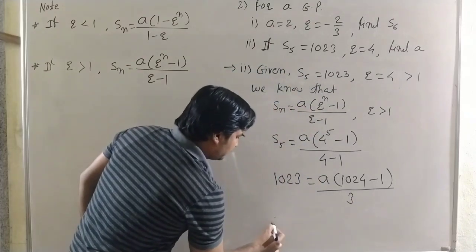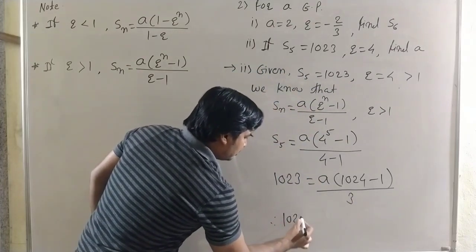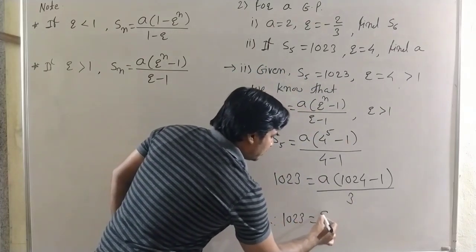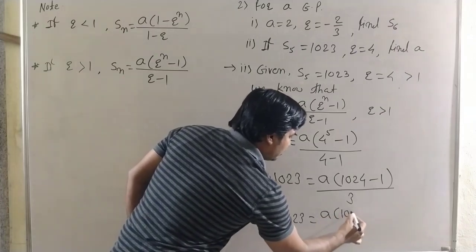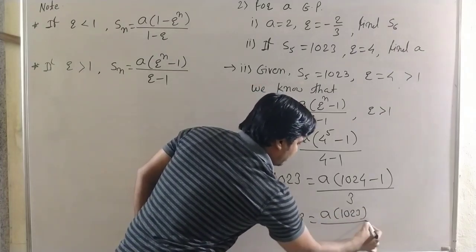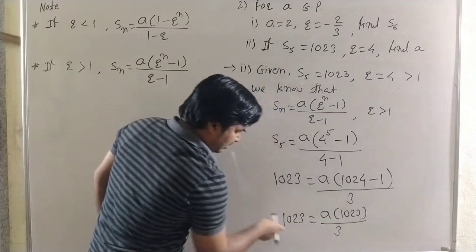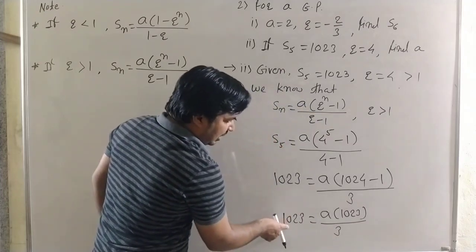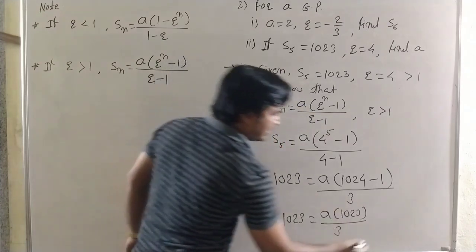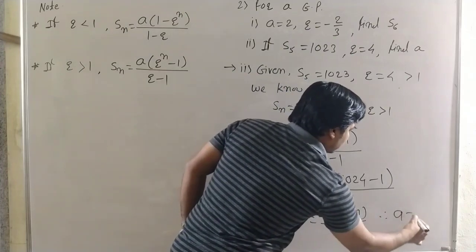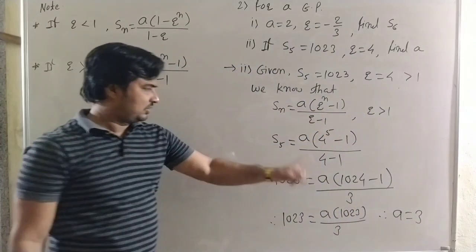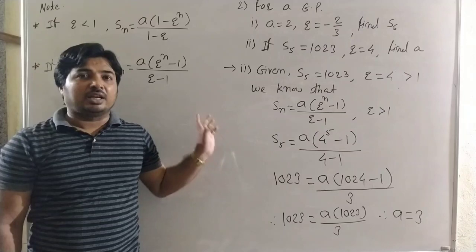Therefore 1023 is equal to a into 1023 upon 3. See carefully, 1023 and 1023 get cancelled, therefore a is equal to 3. Check the calculations.